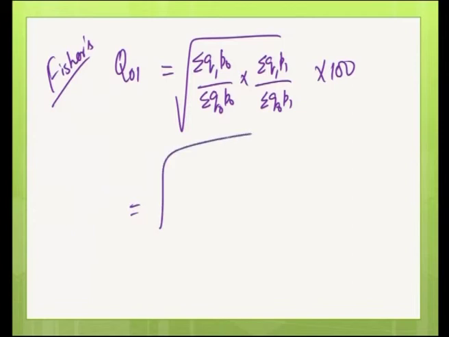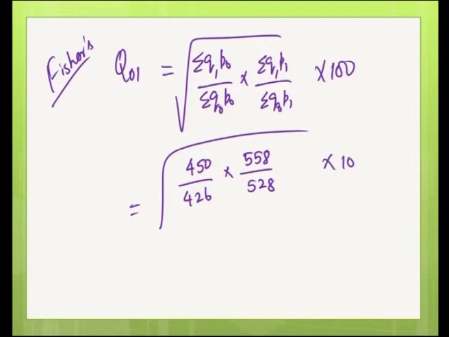Now substitute all the values from the tabular column: 450 by 426 into 558 by 528 into 100. The answer is 105.6. This is the quantity index number.